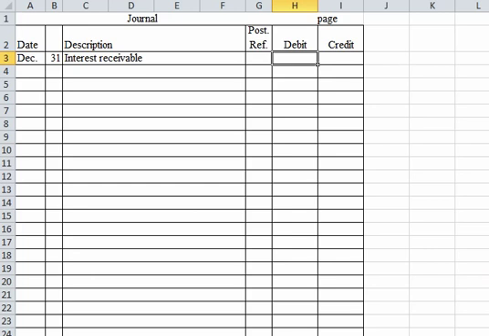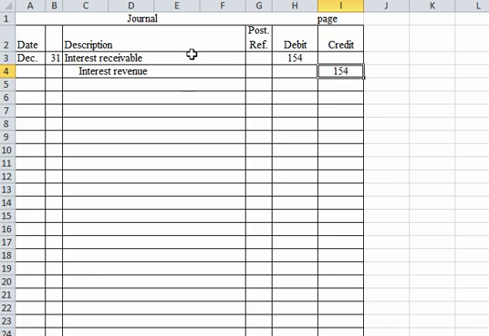So we're going to debit interest receivable for $154 to increase its balance. So it increases the balance of the asset account. Remember, assets increase on the debit side. And we're going to credit our revenue account, interest revenue, for $154, which increases its balance.